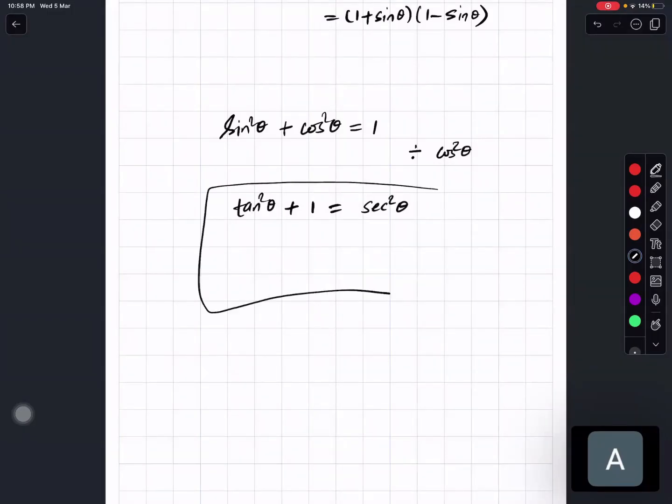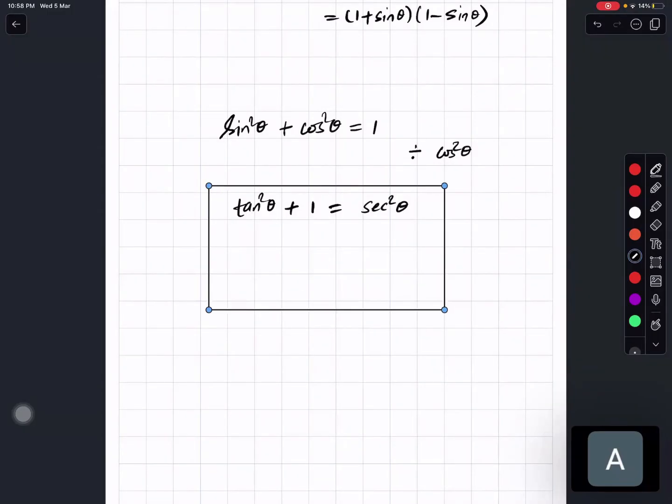This is another Pythagorean identity. From here we can also say that sec squared theta minus 1 is tan squared theta.